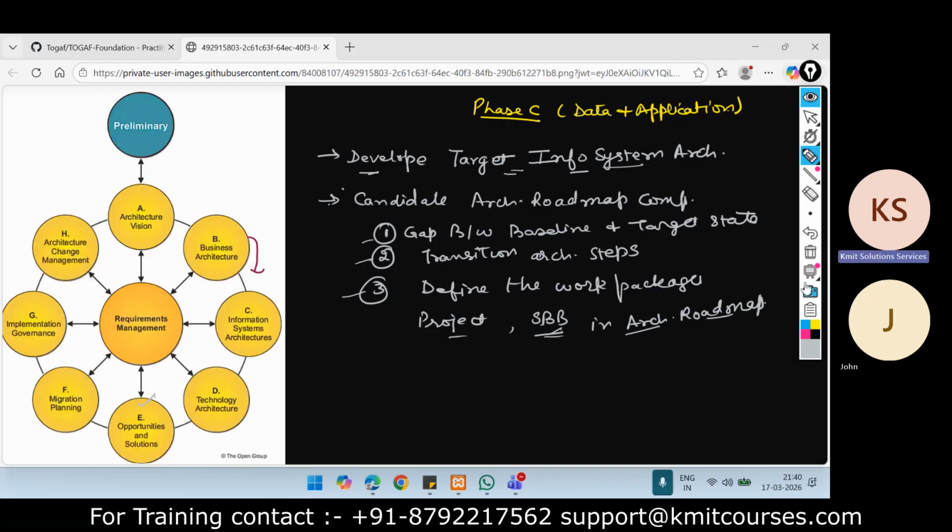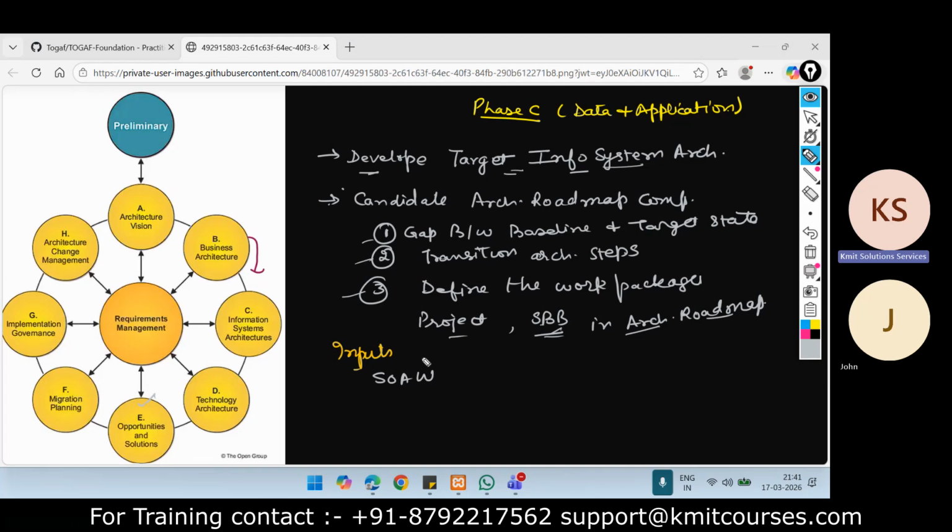Now, let us talk about the inputs. So what are the inputs for this phase C? From where will it get the input? It will get the input from the statement of architecture work, right?